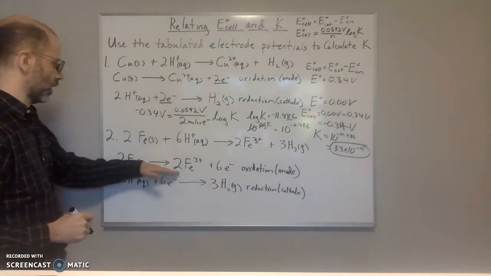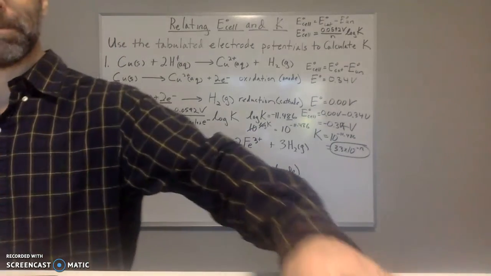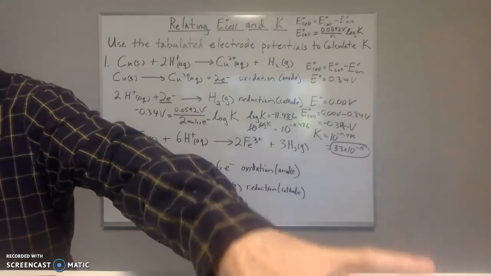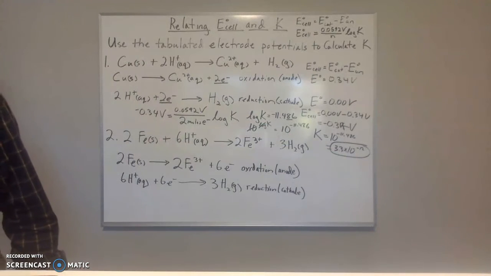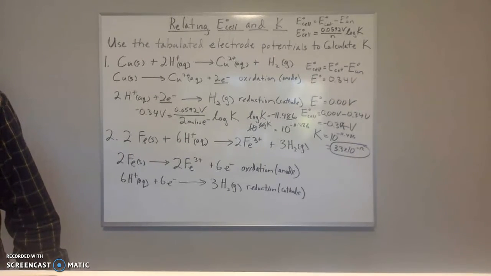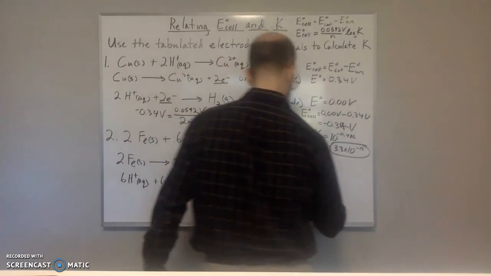And so now we need to look up the electrode potentials for these. Okay, so for iron 3 plus, let's see. That would be 0.036, so a negative.